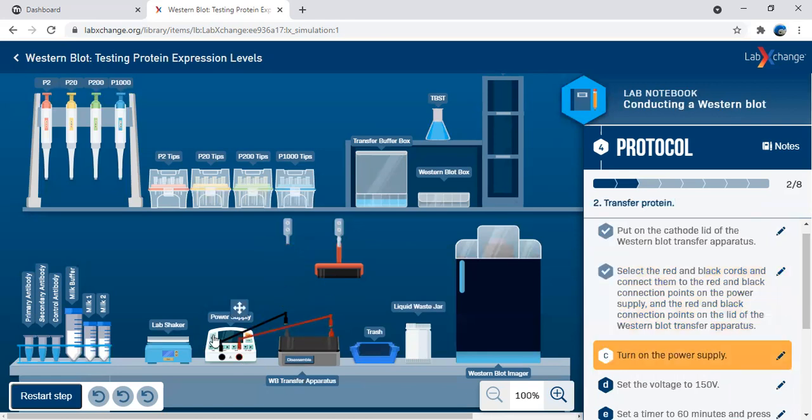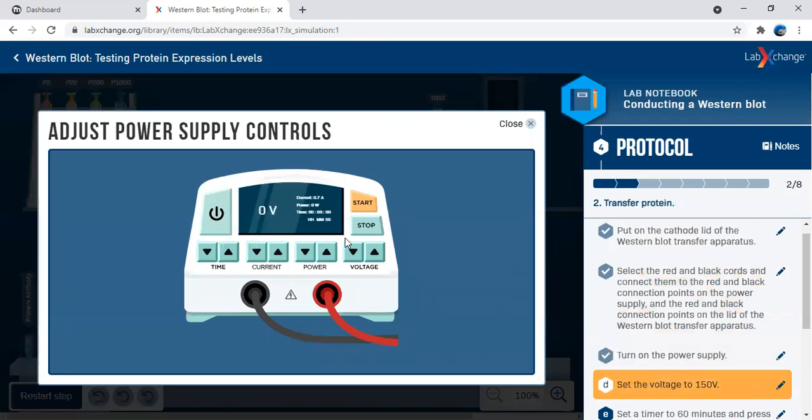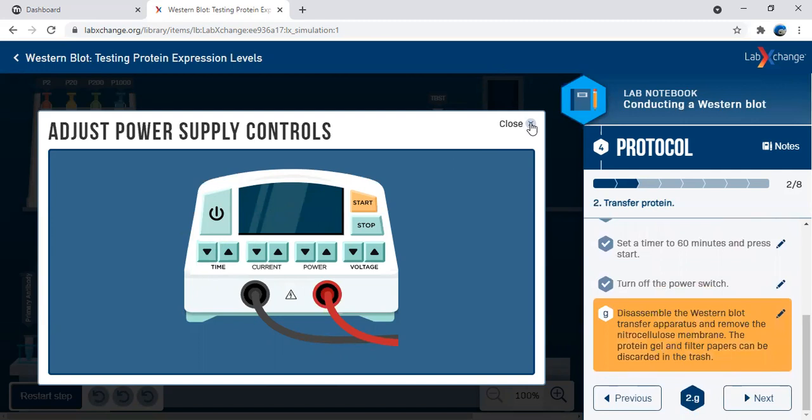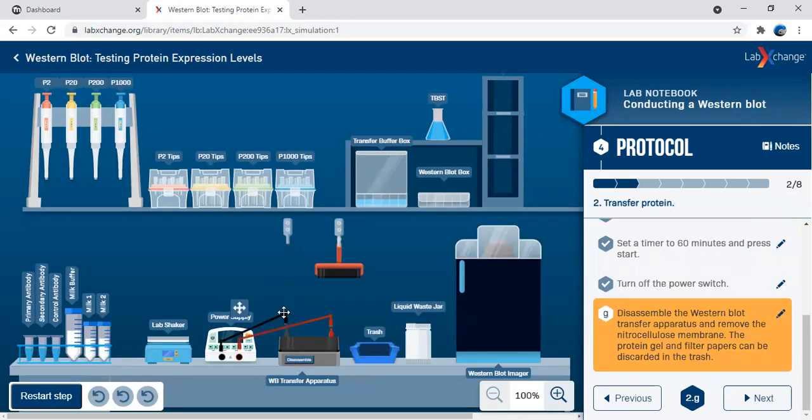Now I'm going to turn on the power supply. Set the voltage to 150 and the timer to 60 minutes and press start. Okay, we'll turn off the power switch and disassemble it by removing the cables first.